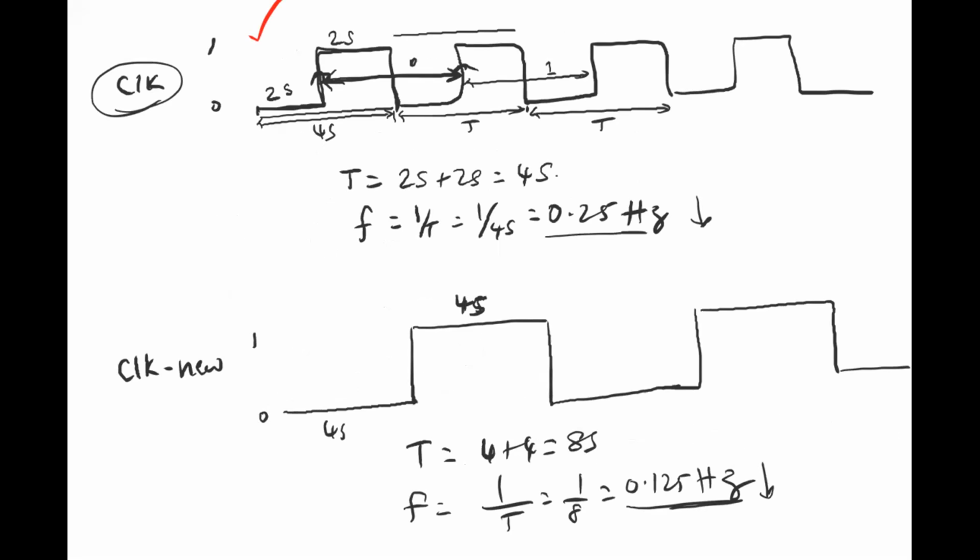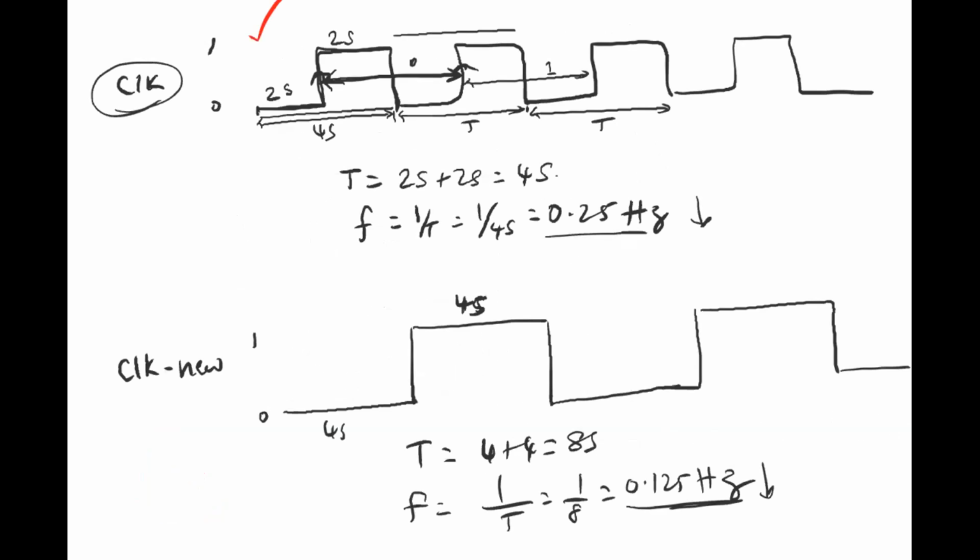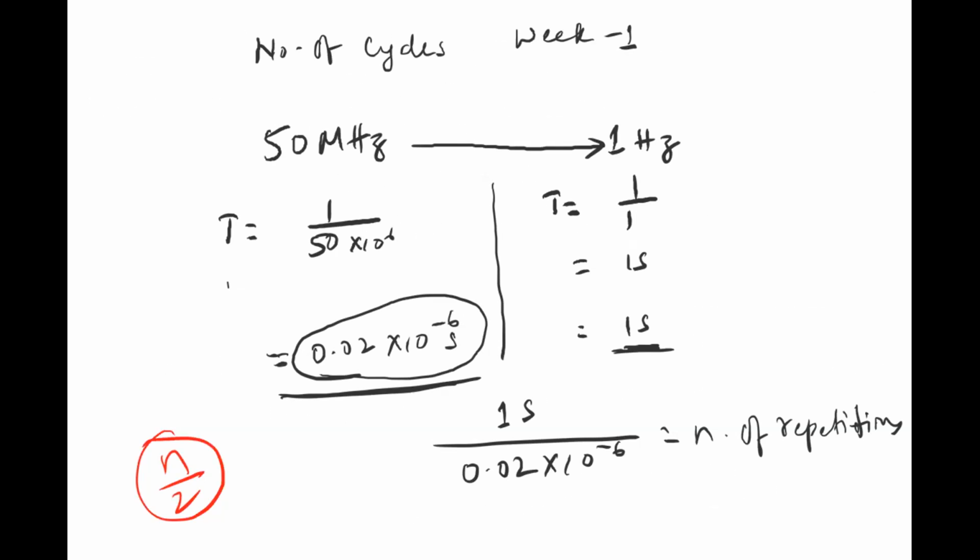What we need to do in this new case is divide the number n that we get by 2, and wait for n by 2 cycles of this clock. After every n by 2 cycles, you need to flip the data, right? Does that make sense? Do you understand what we are trying to do here?